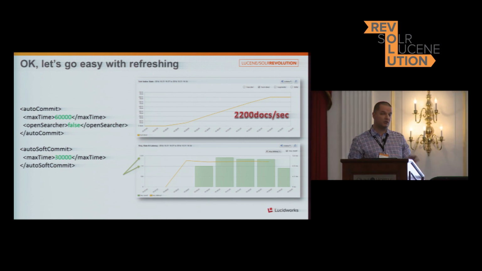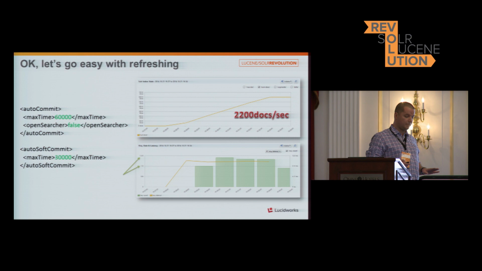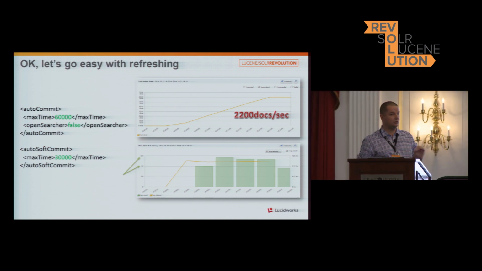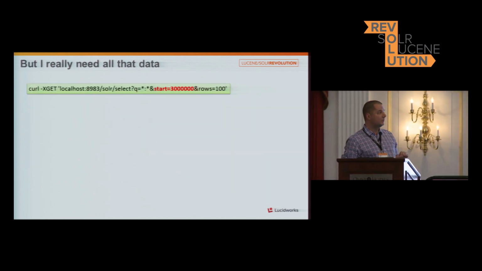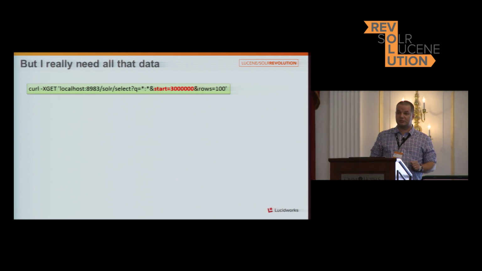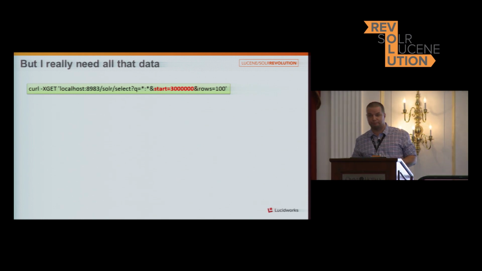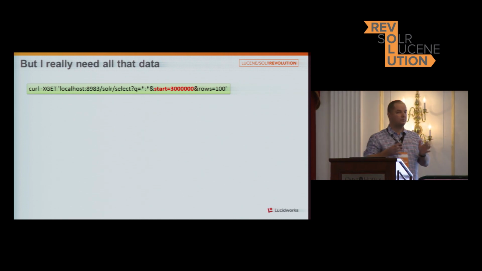Everything is working. Performance tests were nice until we looked at the queries. And when we looked at the queries, we saw monsters like this. So this was a particular business use case. They needed to export data to an analytics system because that analytics system was not able to access that part of the corporate network to access Solr.